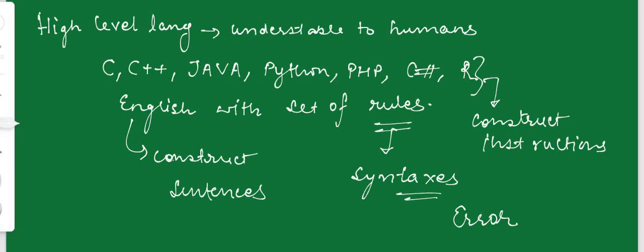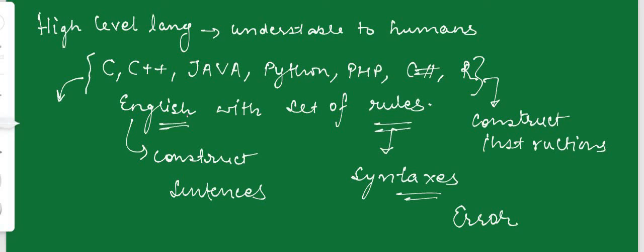But they are still comparatively easier. All these languages have a specific purpose, and their advantage is that they are easy to write, debugging is easy, and they are written in your own language. But there is one disadvantage.